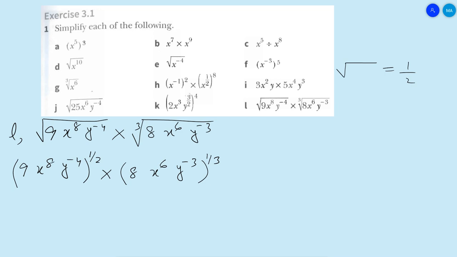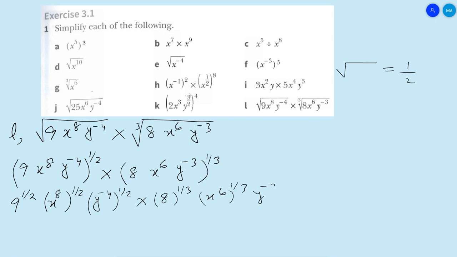Now according to the rule of indices, we apply this 1 upon 2 on each and every number in the bracket. 9 to the power 1 upon 2, x to the power 8 into 1 upon 2, y to the power minus 4 into 1 upon 2, into apply this 1 upon 3 on each and every number. 8 to the power 1 upon 3, x6 to the power 1 upon 3, y minus 3 to the power 1 upon 3.